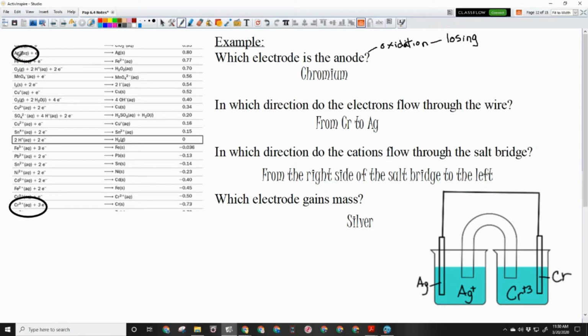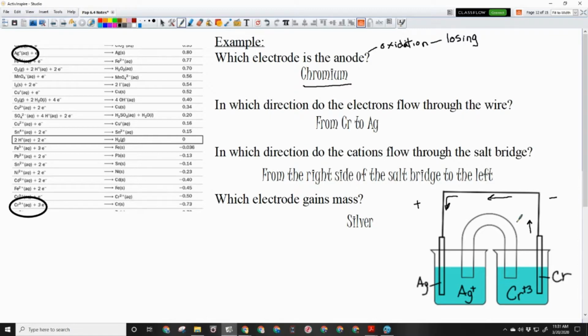Silver is stronger than chromium, so silver is going to pull electrons toward it, away from chromium. So which electrode is the anode? Oxidation is losing electrons. The chromium is losing electrons, so the anode is going to be chromium. So this is the anode, and this is the cathode.